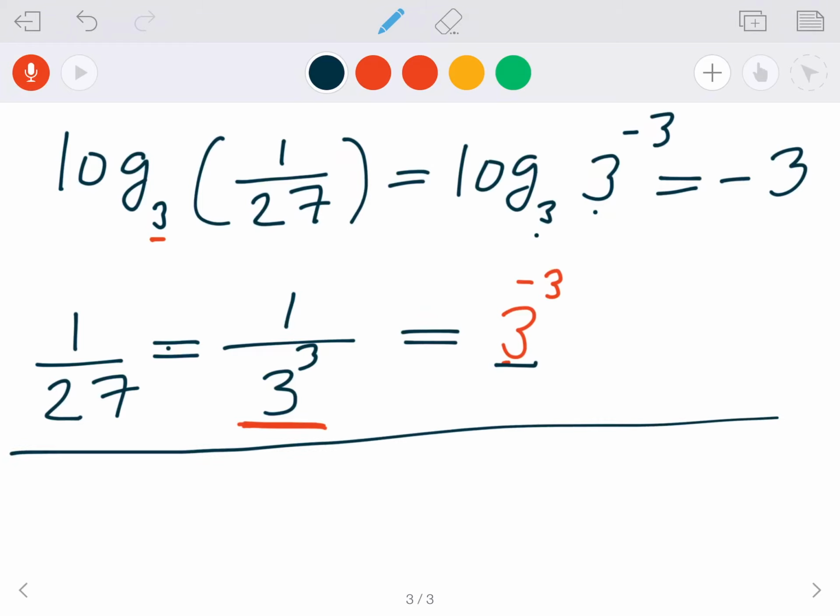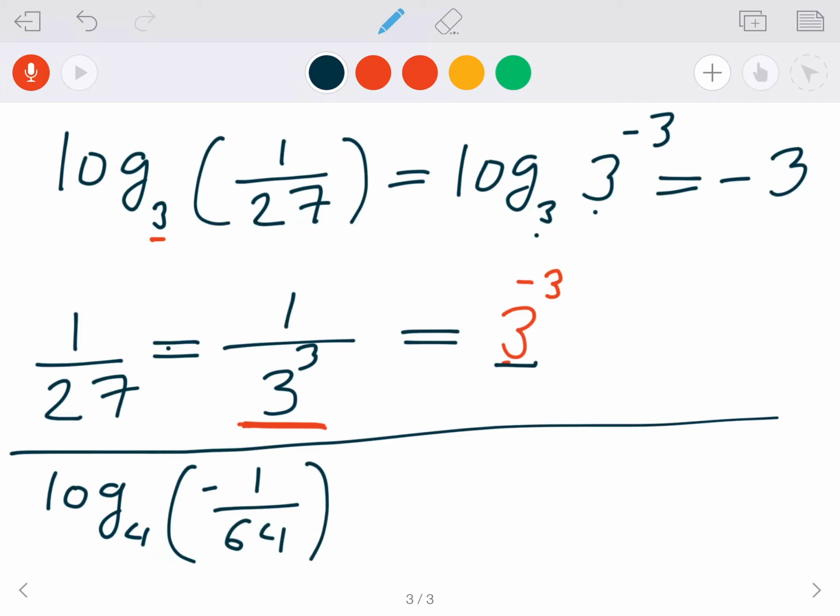Log base 4 of negative 1 over 64. What is the value of this one? What do you think?